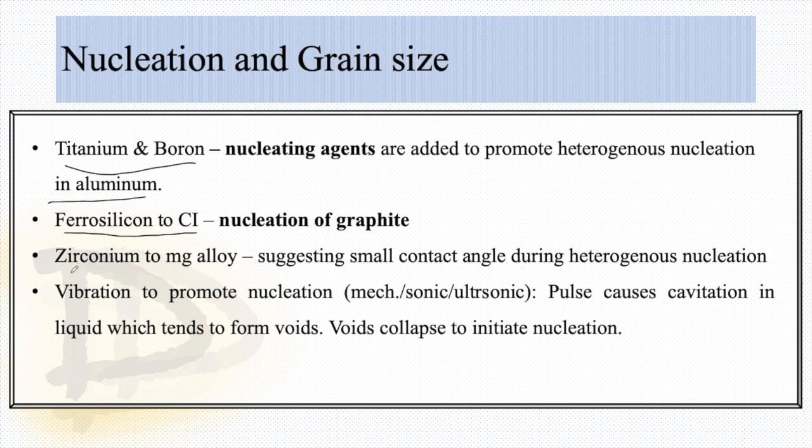We can use zirconium in magnesium alloy, suggesting a small contact angle during heterogeneous nucleation. Also, we can provide some vibration to promote nucleation. Vibration can be mechanical, sonic or ultrasonic.